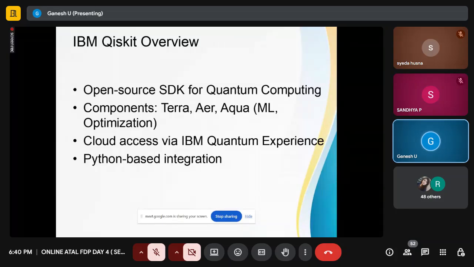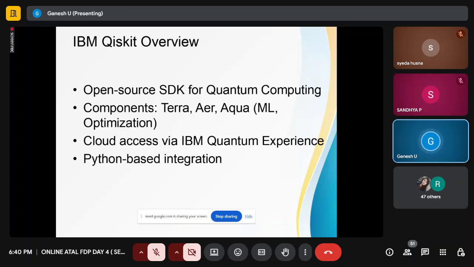These SDKs allow developers to design, simulate, and execute quantum algorithms on classical simulators via cloud services mainly, and also on real quantum processors.